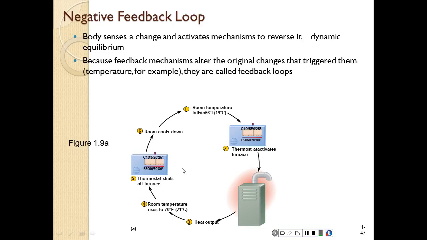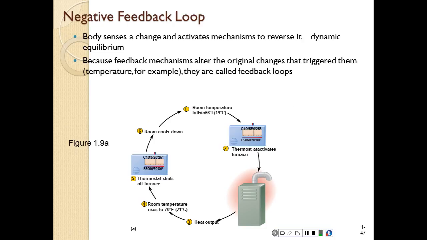So when the temperature gets cool again, what's going to happen? The thermostat's going to turn on again. And it's going to continue that cycle for as long as you have it set at that particular point where you want it to turn on and off to regulate the temperature within that room. So that is our negative feedback.